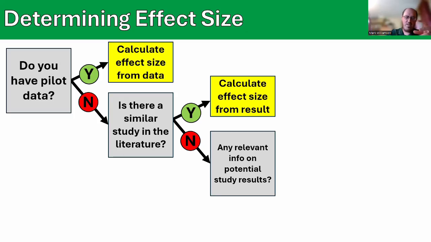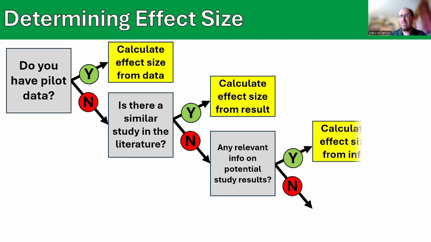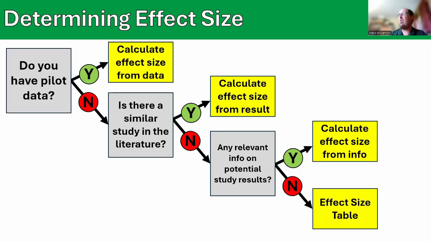Like maybe you're doing treatments with cancer and you know that a good cancer drug should cut down a tumor size by half. And so you could use that sort of information. And you could couple that together and calculate effect size from that info. And then, if all else fails, you have no idea, you're just shooting in the dark. You could use something like an effect size table and get a very rough estimate of effect size, something like small, medium, or large effect size, and go from there.